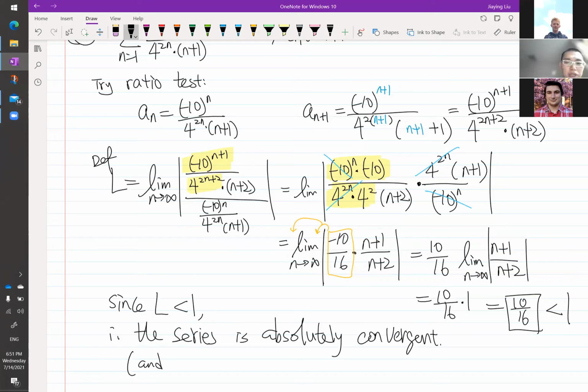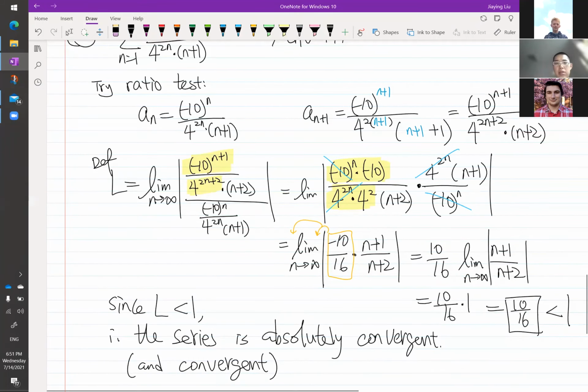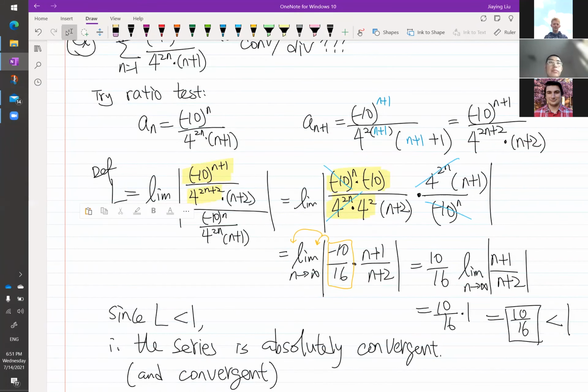And definitely convergent. If it's absolutely convergent, then it's convergent. So that's this example. Any questions on this?